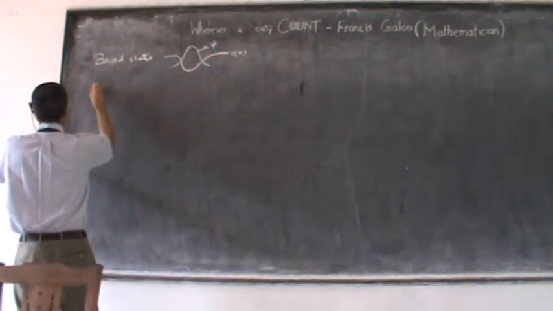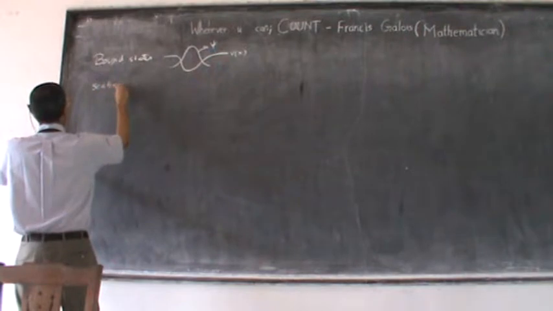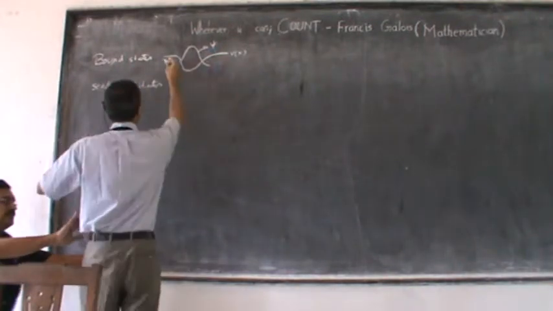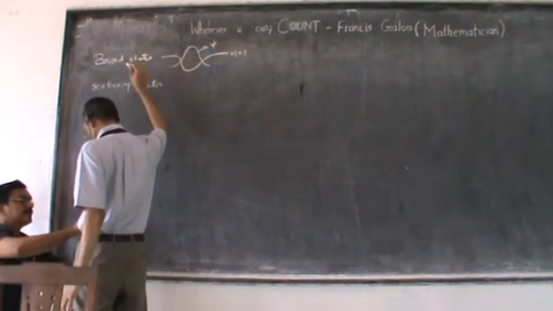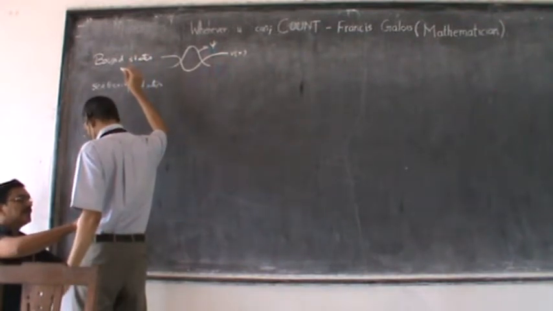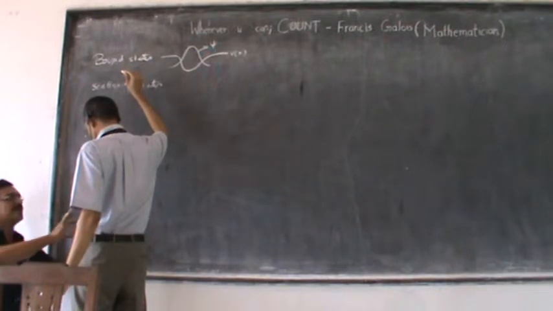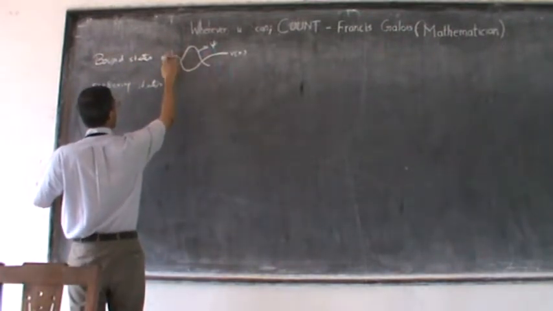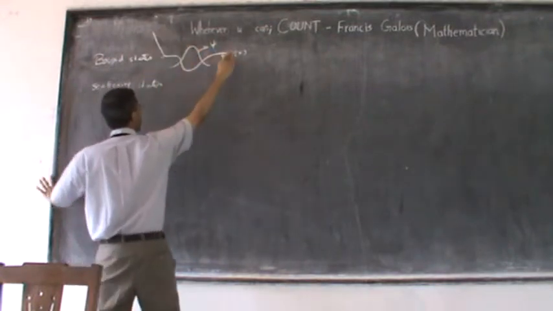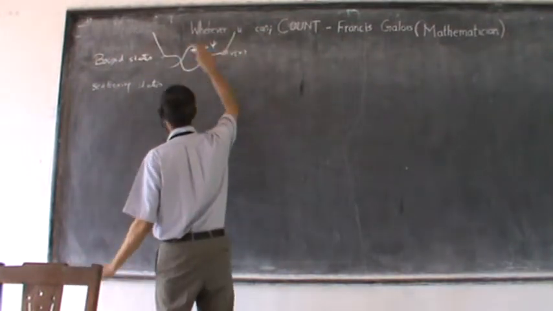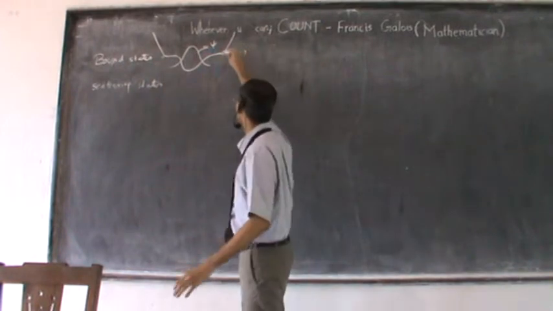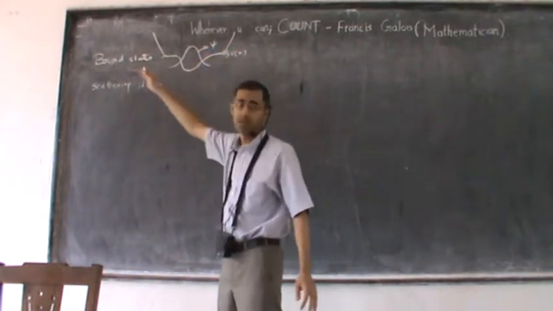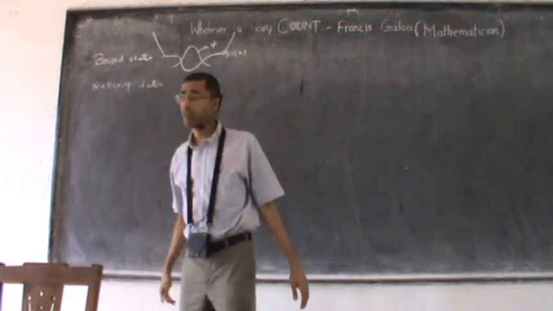And then we have something called scattering states. Let's suppose the potential goes up to infinity. So the particle is confined, and it's more likely to be found here, less over there. So that's a bound state wave function.